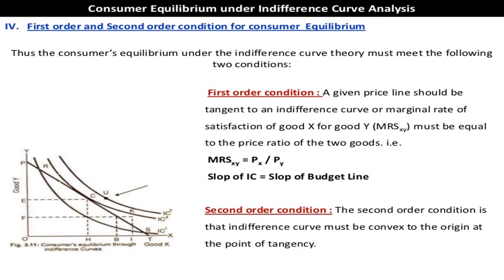We have done consumer's equilibrium with the help of utility analysis, right? Today we shall be discussing consumer's equilibrium under indifference curve analysis. Let's recapitulate everything. Indifference curve is our cardinal or ordinal approach?